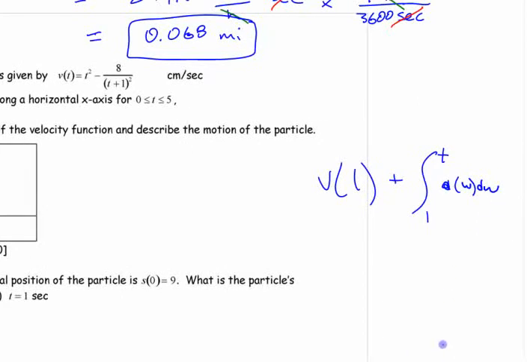You can pick a dummy variable, whatever you want. This will work as long as this is what it was at 1, and then the net change from 1, right? Okay? That'll give you the same function. It should give you the same function there.